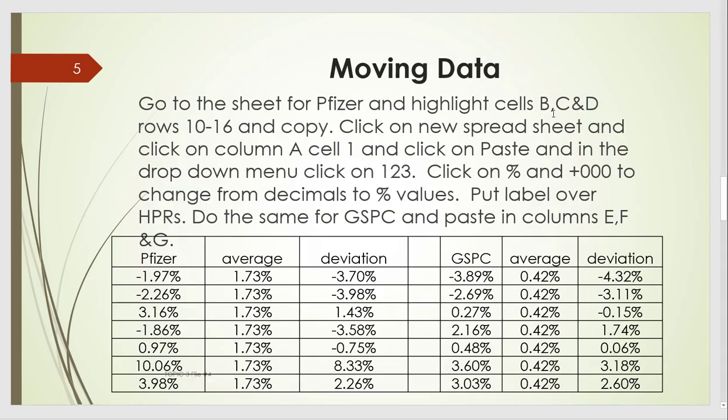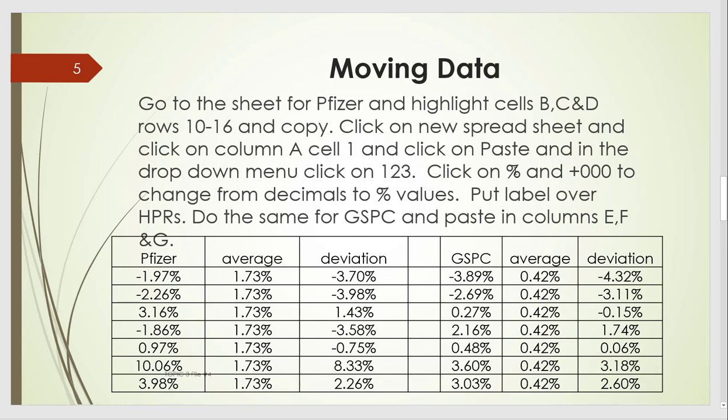Essentially, I've clicked on cells B, C, D, rows 10 through 16, copied, went over to the new spreadsheet to cell A1, pasted, but before I press paste, I want to paste values, so I'm going to look at the banner until I see 1, 2, 3, click on the 1, 2, 3, that will put decimal looking numbers on my spreadsheet.